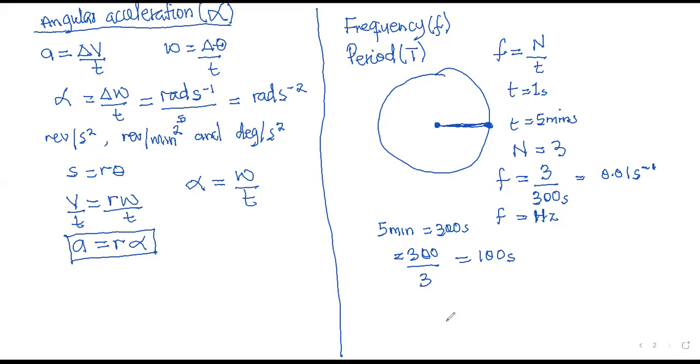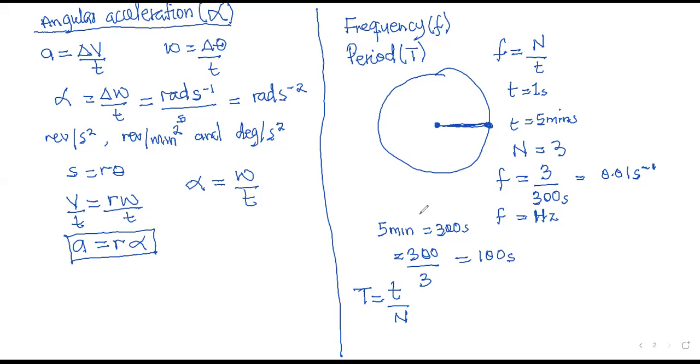So the time taken to make that one complete revolution is the period of revolution. And so we can say that period capital T is given by total time divided by the number of revolutions.